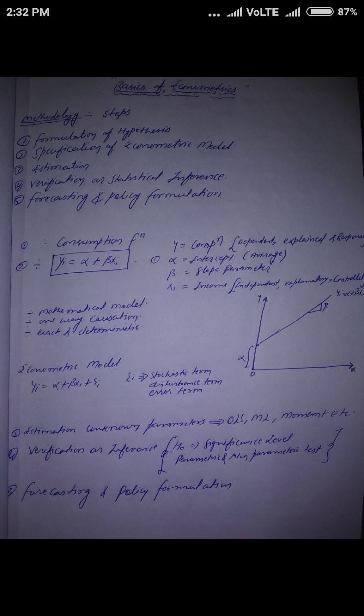Here alpha is our intercept term that shows basically the average, and beta is a slope term that shows the margin. Through beta we can formulate how much proportionate change in our dependent variable may be affected through the change in the independent variable, that is xi.